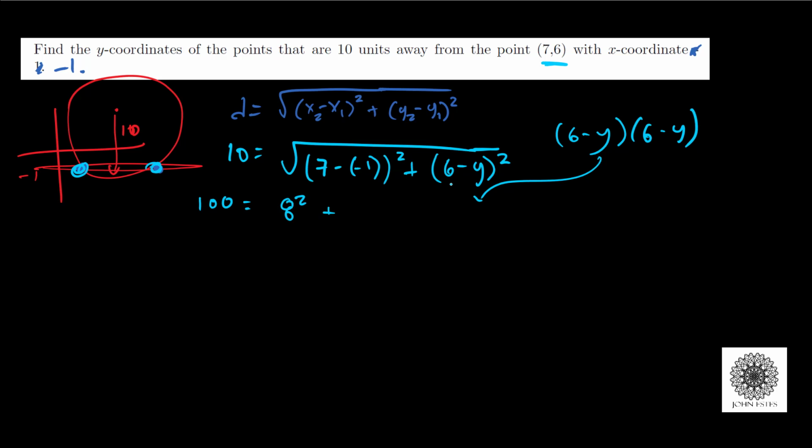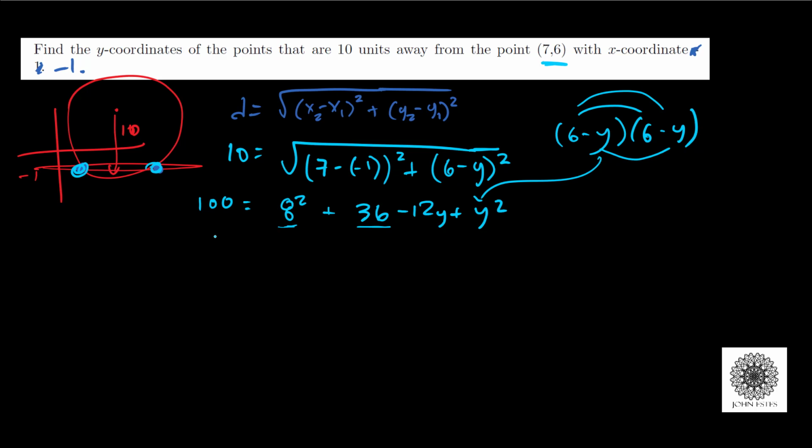For the scratch, you get 6 times 6, 36. You get negative y times 6 and negative y times 6, so you get a negative 12y. And then you have negative y times negative y, and you get y squared.